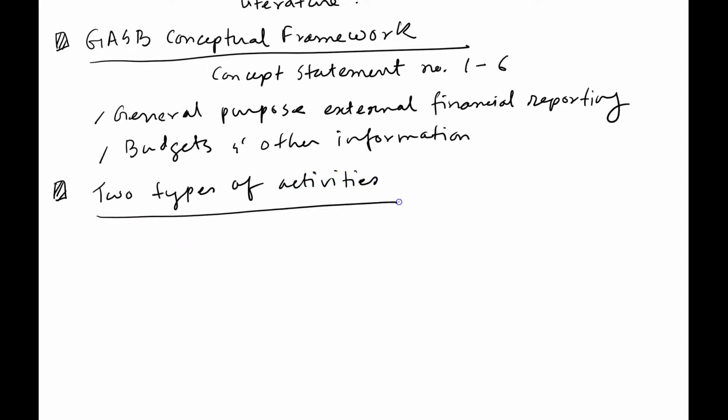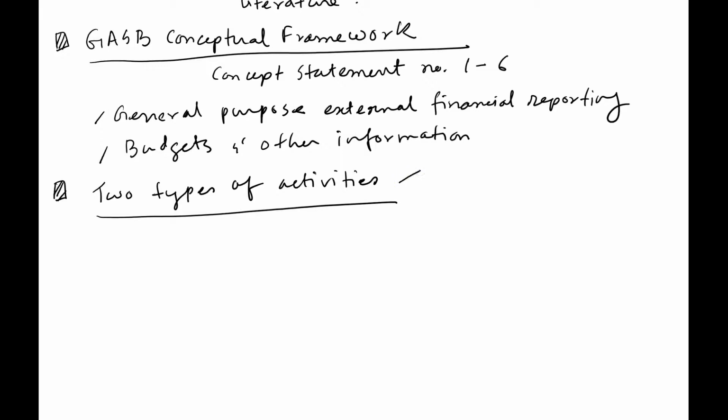So remember, governmental type activities means that the governmental unit is providing services to its citizens and the public, and those are funded by taxes. On the other hand, for the business type activities, anyone can use those types of services, but those are mostly funded by users' fees.